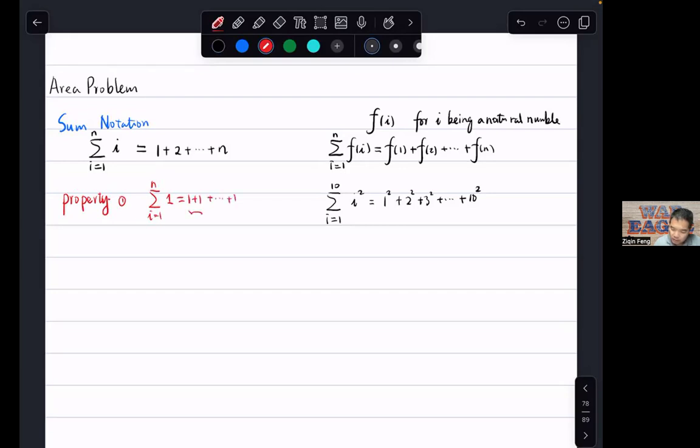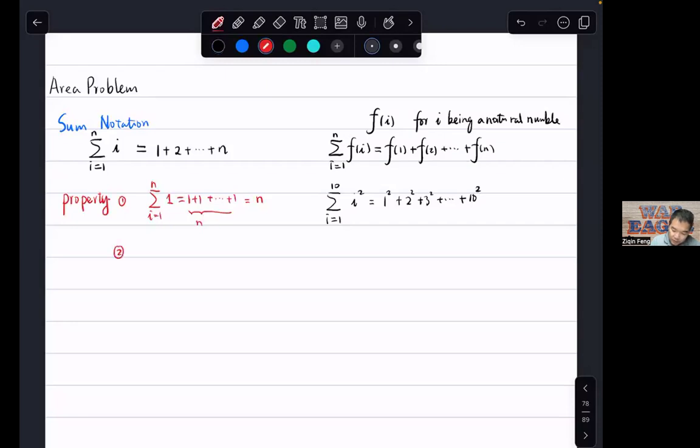How many ones are there? There are n many, so this is basically n. So in the process of integral, we have to simplify a sigma notation, a sum notation, to a function of n. We have to do that to evaluate the limit. So this is something which we need to know.